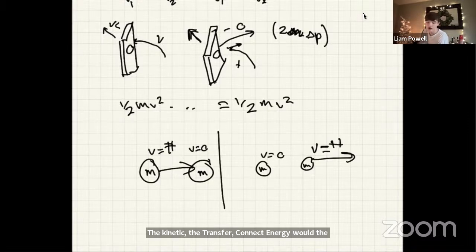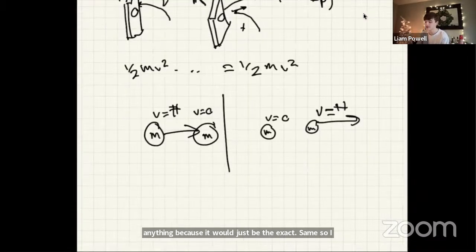And then we actually do have a formula for that. A perfect transfer of velocity, well, actually the formula is not really anything because it would just be the exact same. Sorry, I had a brain fart again. So when something's completely inelastic, it means that it sticks together.